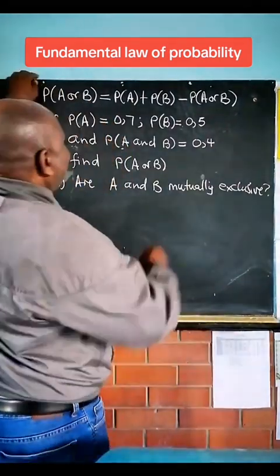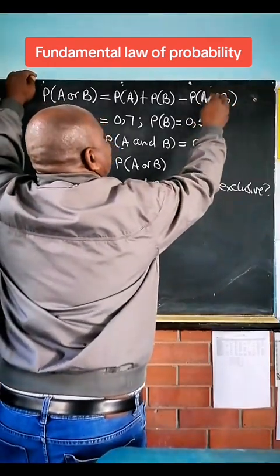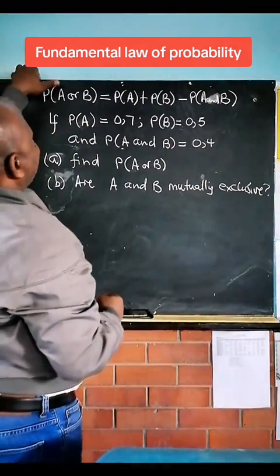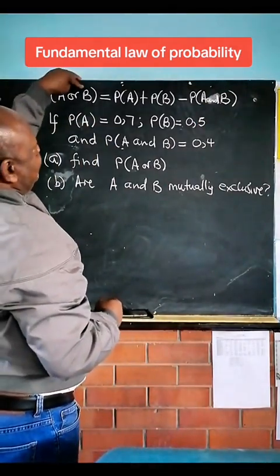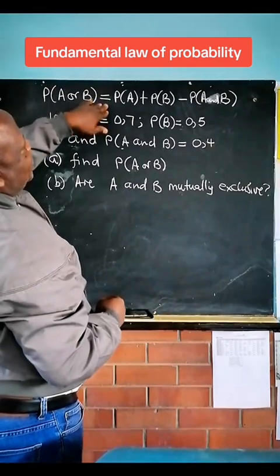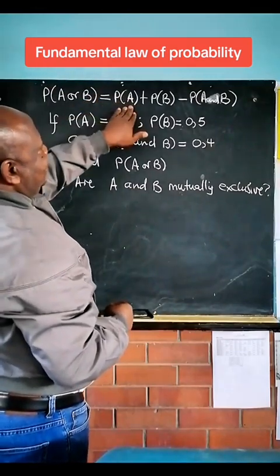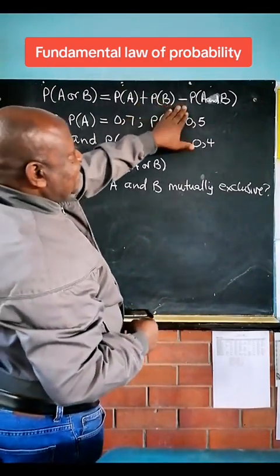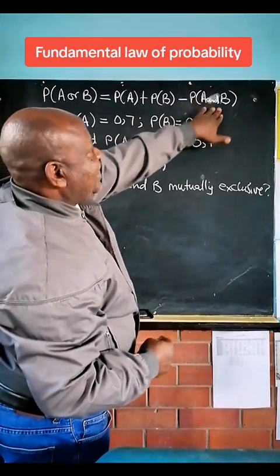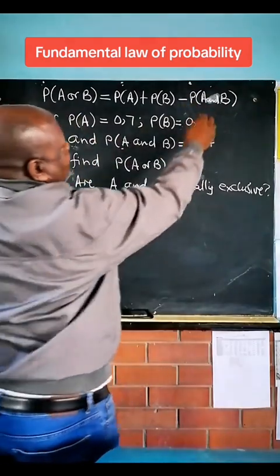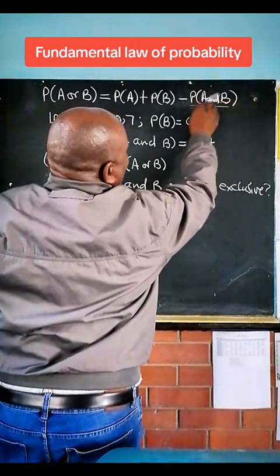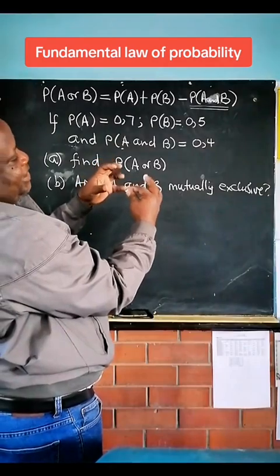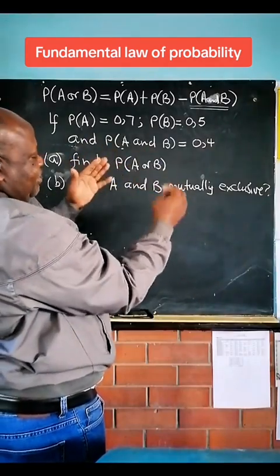The fundamental law of probability states that the probability of A or B is equal to the probability of A plus the probability of B, subtract the probability of A and B. This component here refers to the shared probability between A and B.